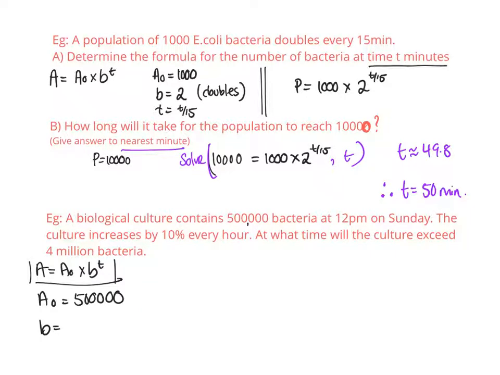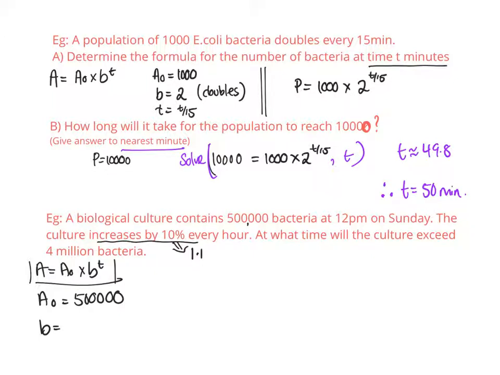If you increase something by 10%, what do you times it by? 1.1. Can you see that? If I was increasing it by 50%, how much would I times it by? 1.5. Can you see that?